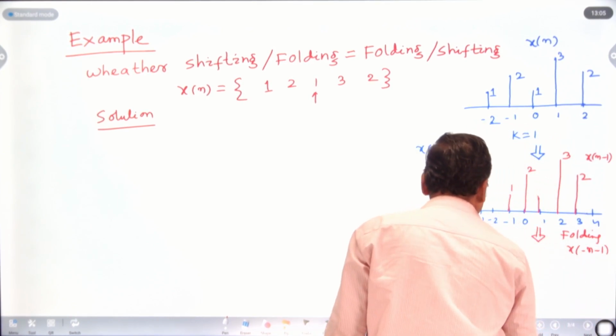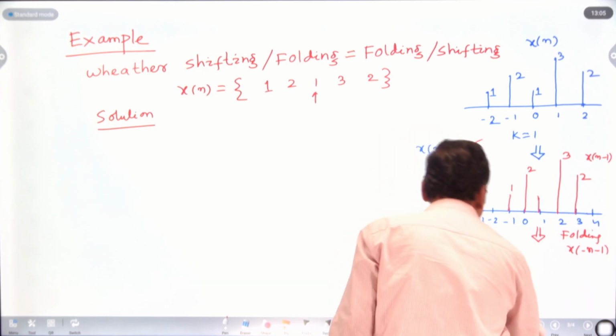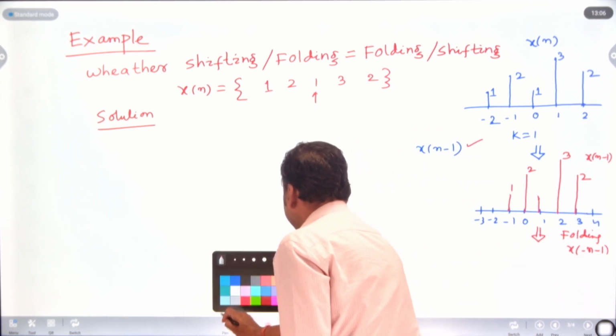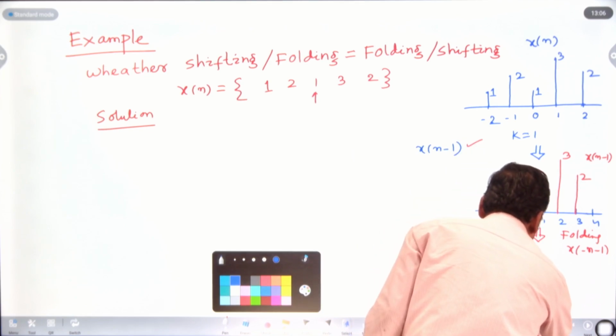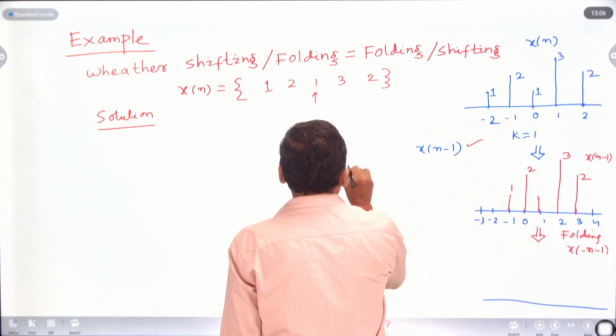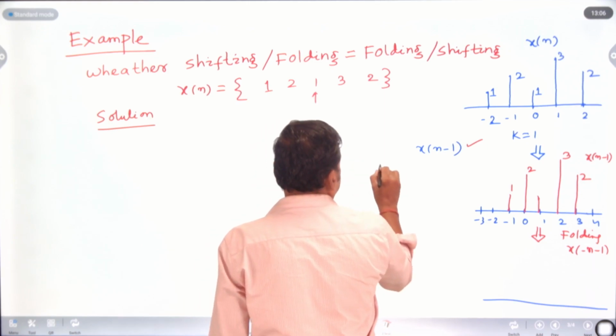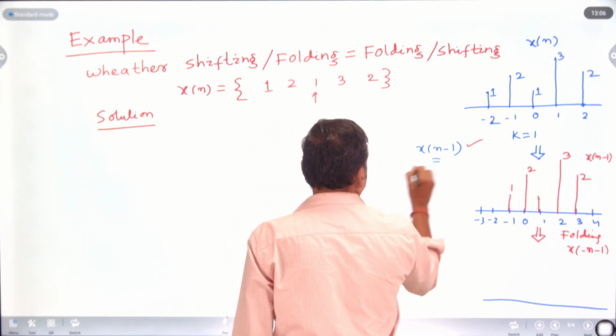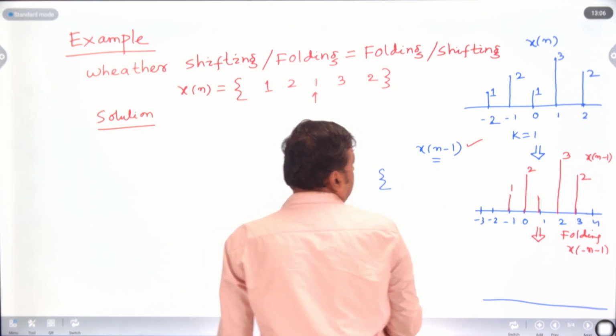So what will be your sequence? Like this. So in sequence representation, x of n minus 1 is how much?